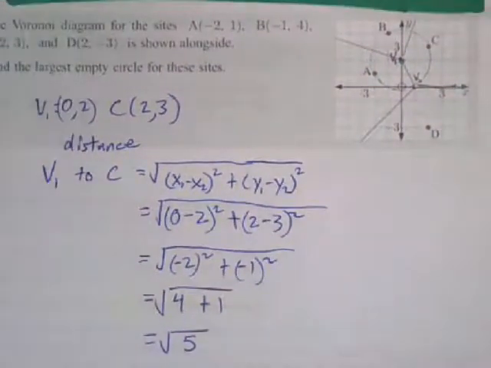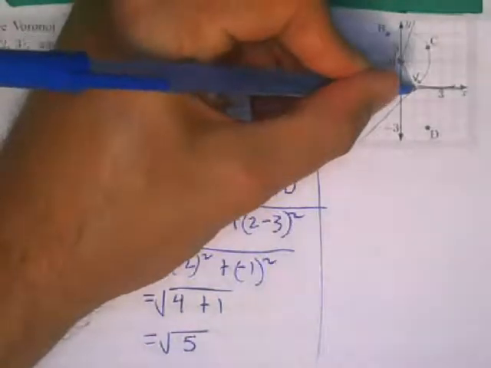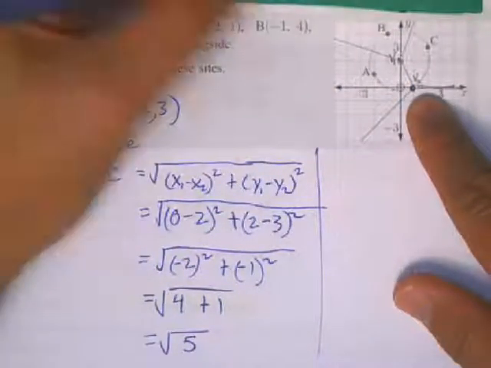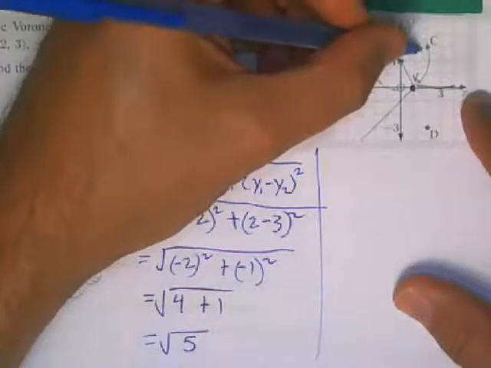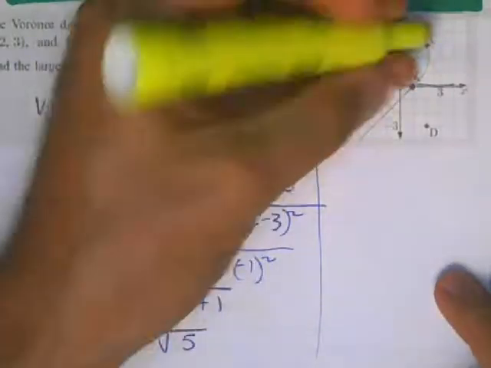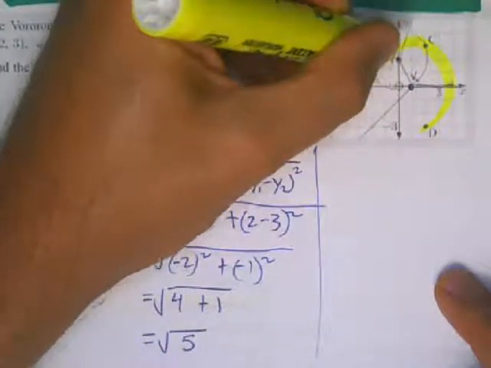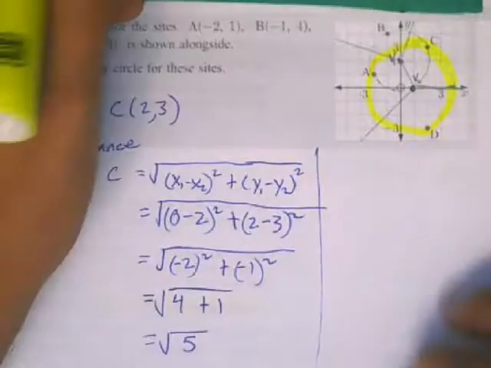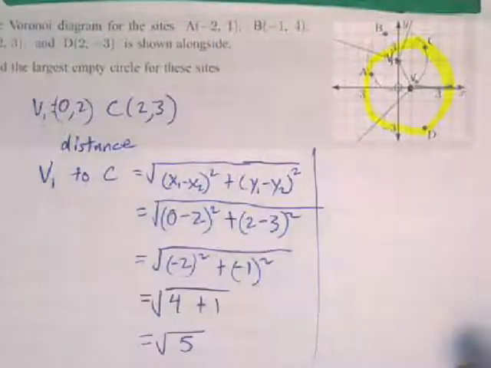All right, now let's figure out the distance from this one to the other one. So we know that if I drew a circle around this, I'm just going to draw a crude circle, but this circle should go through A, C, and D, just like we did over there on the previous example.